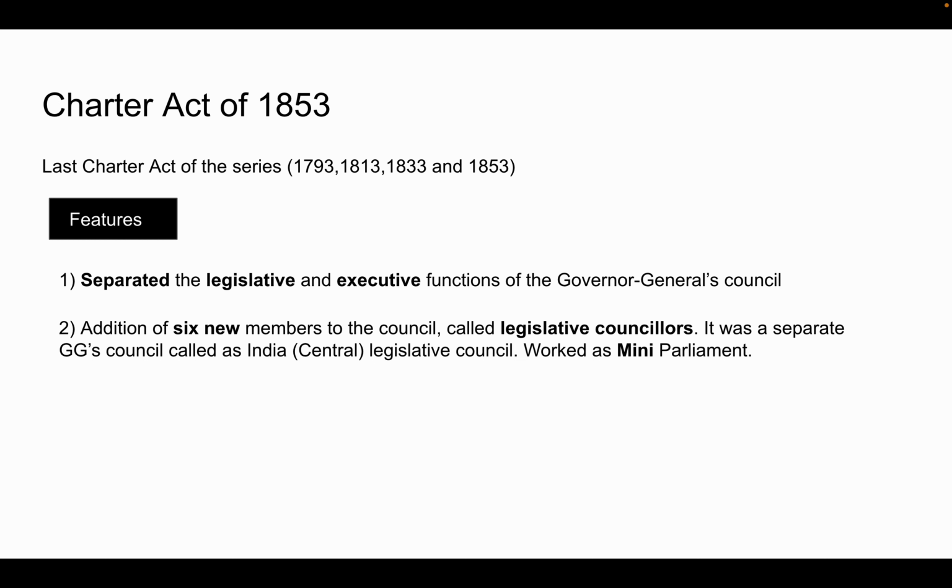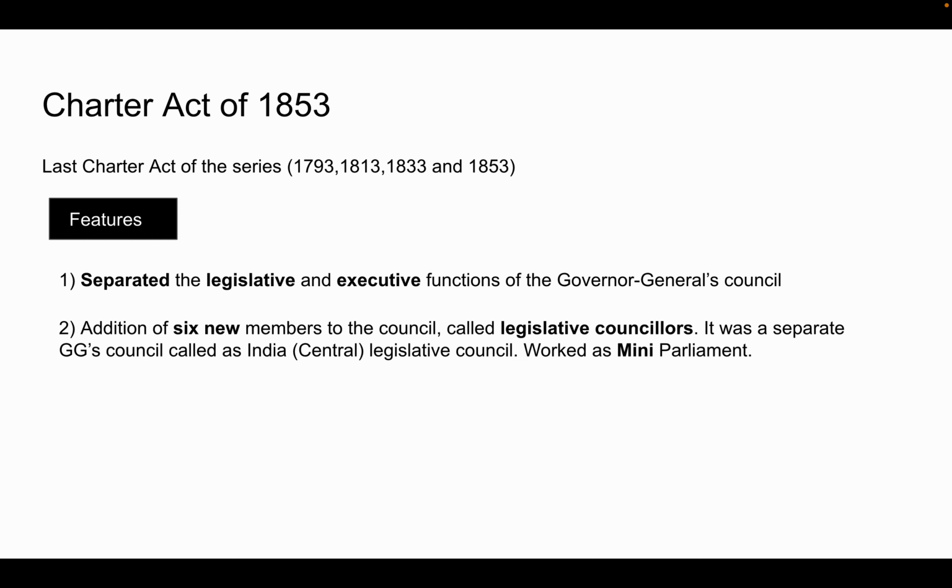So it was a separate Governor General's Council called the Indian Central Legislative Council, which worked more or less as a mini parliament. And it was in this act that legislation for the first time was treated as a special function of the government, which would require special machinery and special processes.